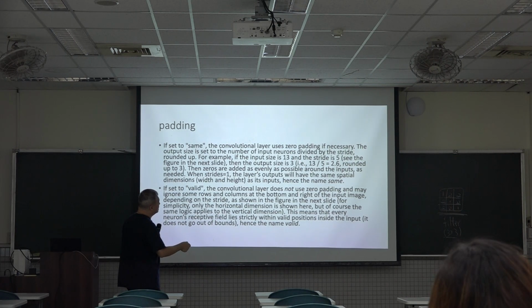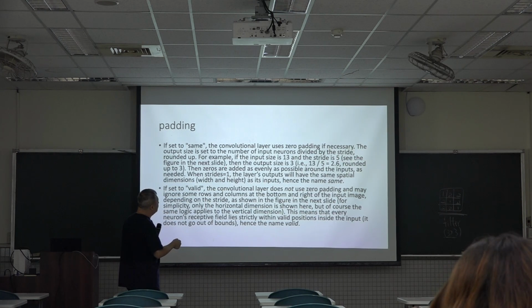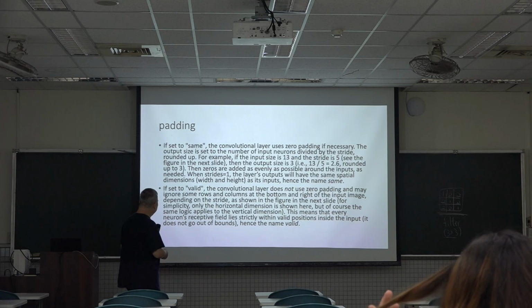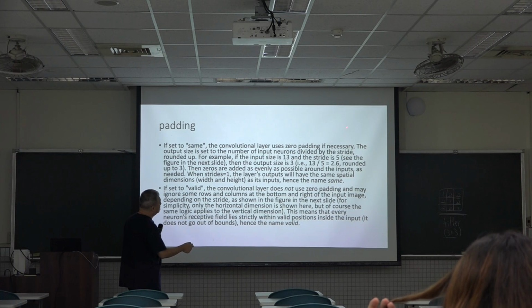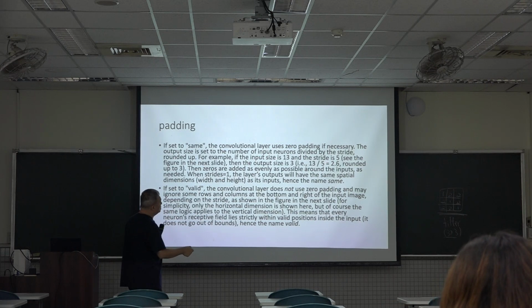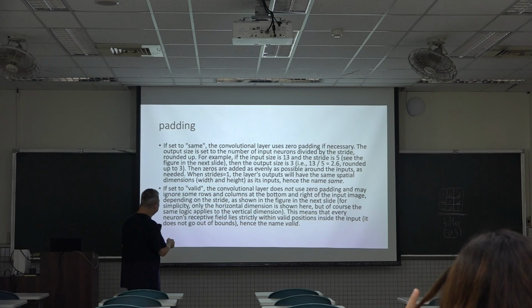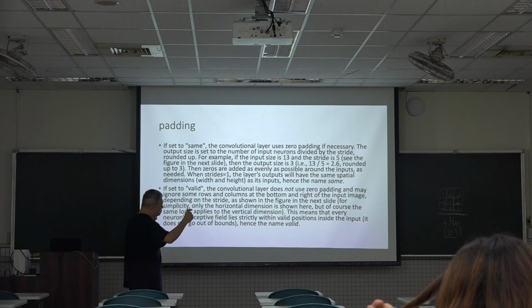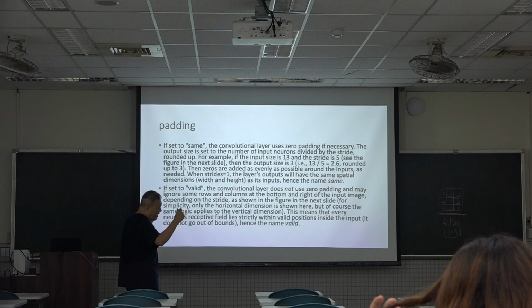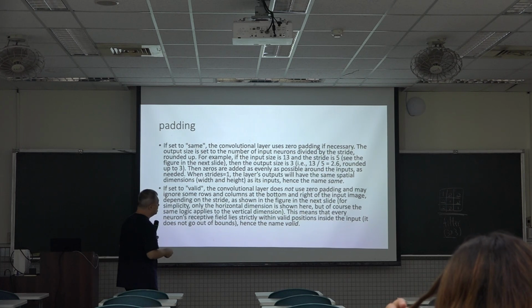So if the size is 13 and the stride is 5, then the output size is 3, because 13 divided by 5, rounded up, is 3. But then obviously you need to pad something on the sides to make it work. So zeros are added as evenly as possible around the input, as necessary.